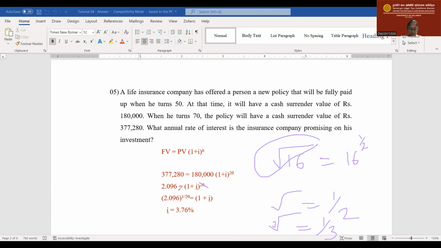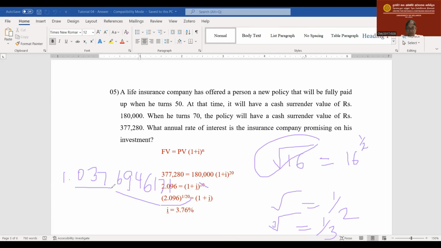Then 2.096 to the power of 1 over 20 gives 1.037 for this part. Take only 3 digits. Fine.